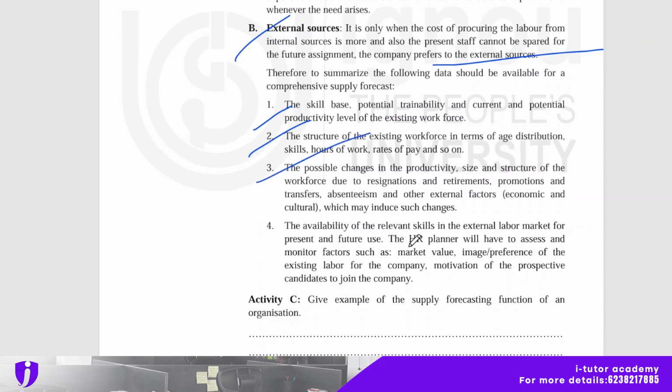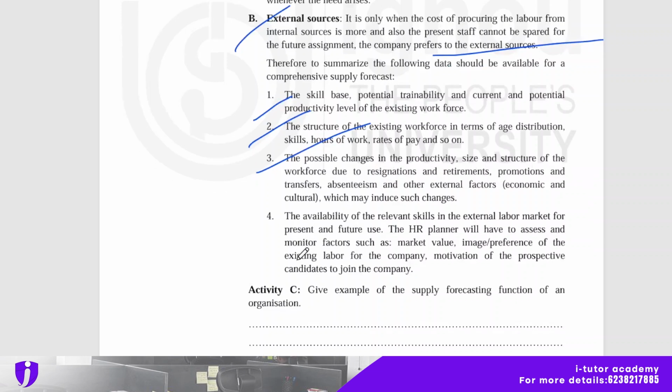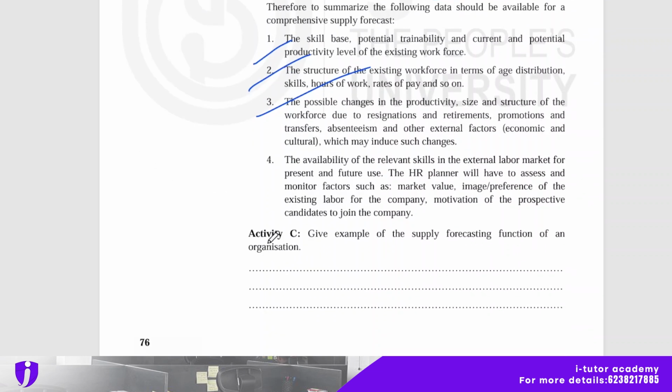The possible changes in the productivity, size, and structure of the workforce due to resignations and retirements, promotion and transfer, absenteeism, and other external factors, economic and cultural, which may induce such changes. And the next is the availability of the relevant skills in the external labor market for present and future use. The HR planner will have to assess and monitor factors such as market value, image preference of the existing labor for the company, and motivation of the prospective candidate to join the company.